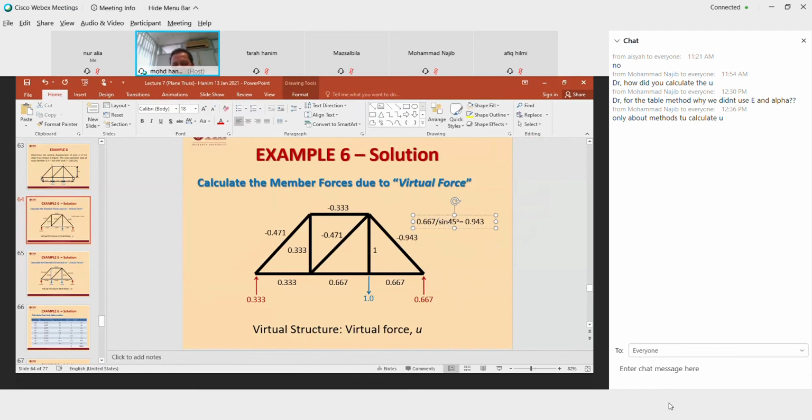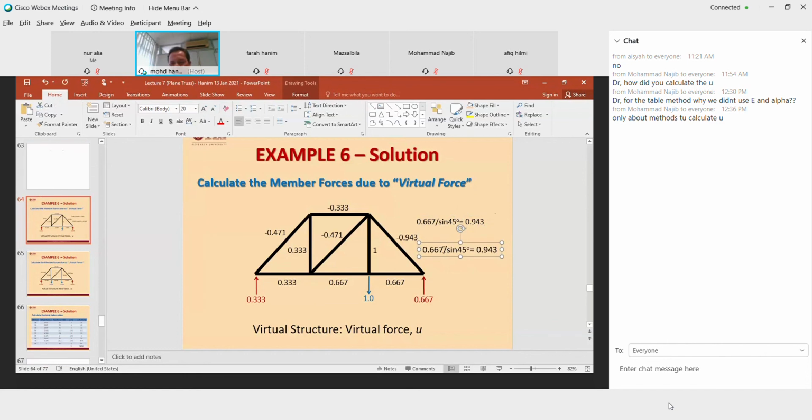You got the answer, 0.943, or 0.667 divided by 0.707. Or we can also do it like this.